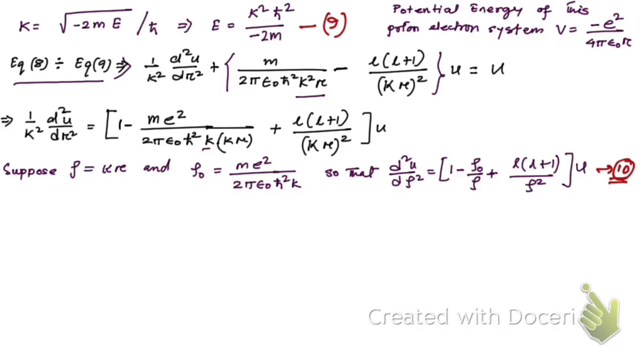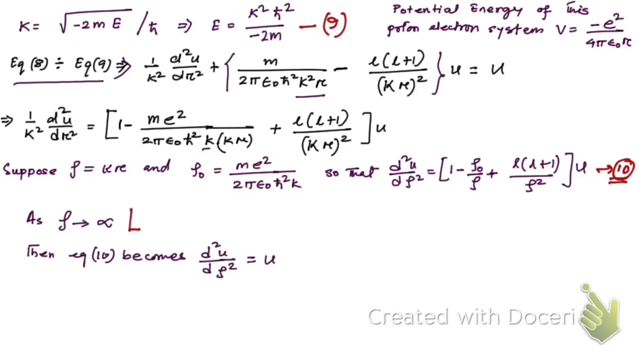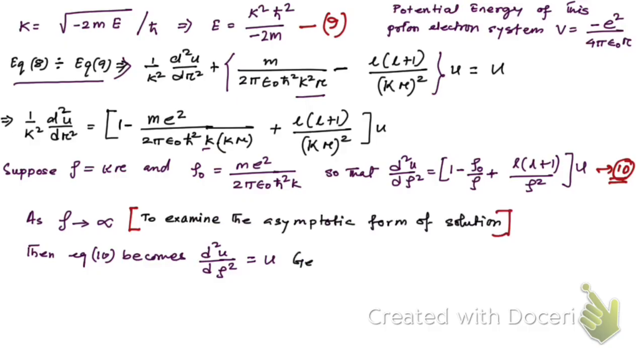So first we're going to check the solution for rho tends to infinity, okay. Then equation 10 will be of this form. So here we have to examine the asymptotic form of solution. So general solution of this equation will be of this form.